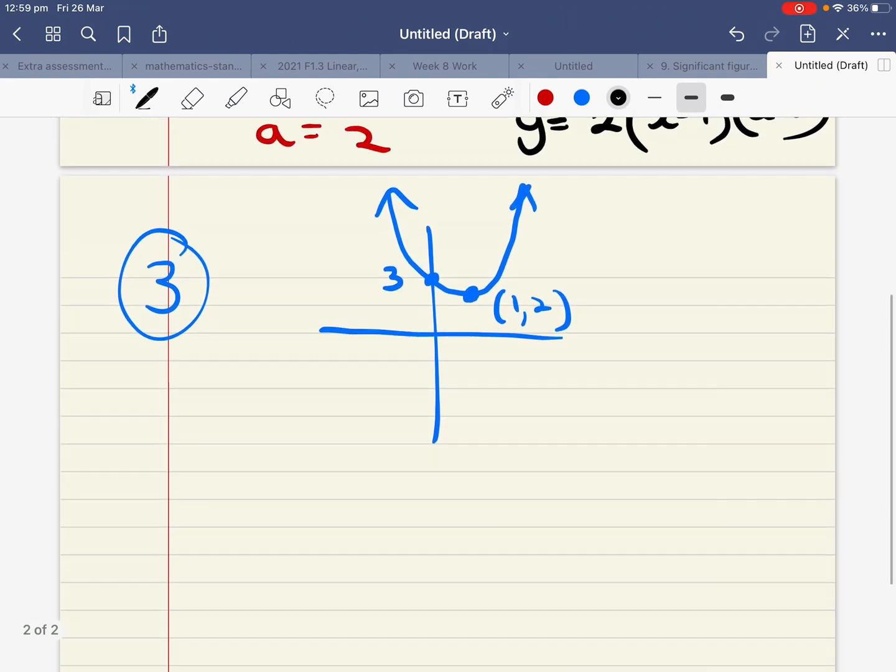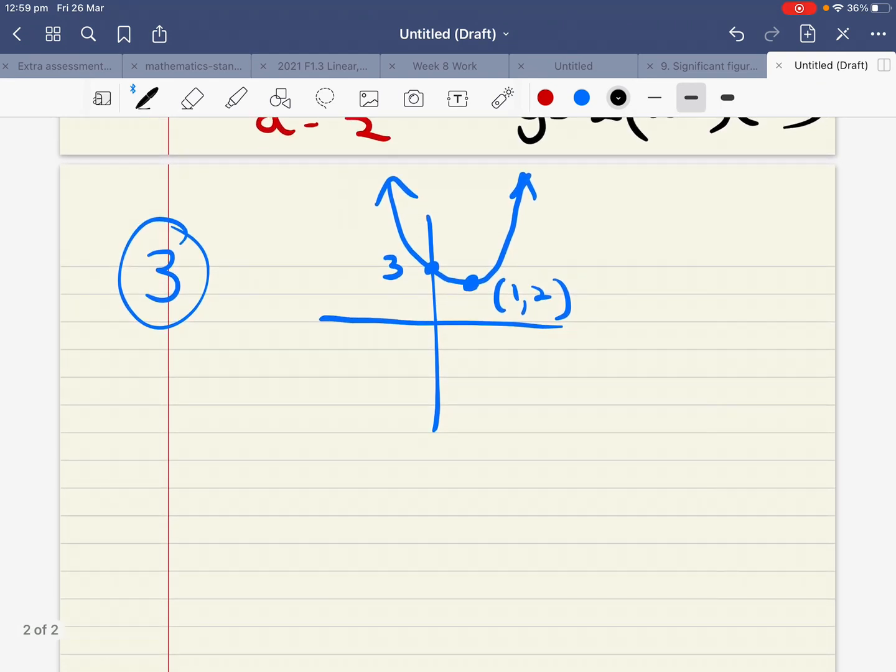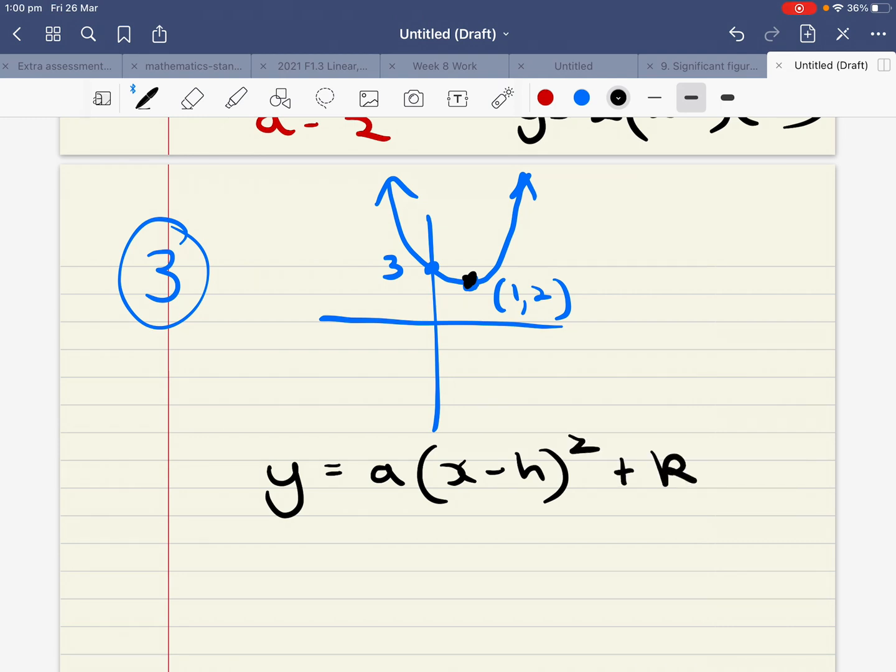All right, what if instead of being given the x-intercepts, we were given the vertex, so the vertex there of (1, 2). Well, we know our other form of our equation is y equals a(x minus h) all squared plus k, where h and k are the vertex.